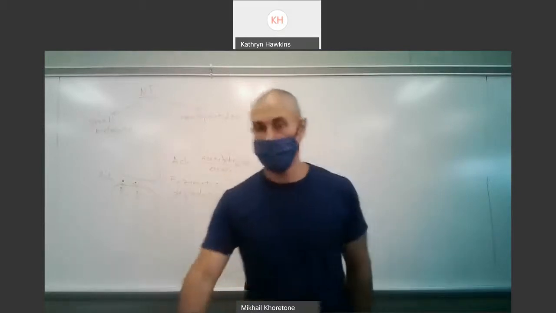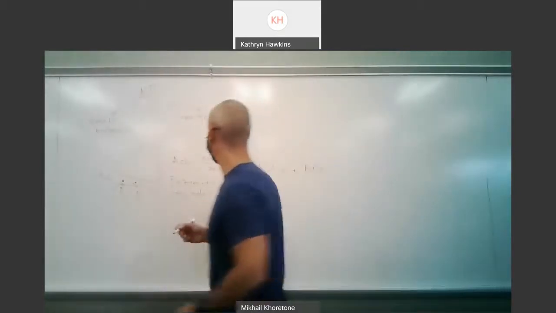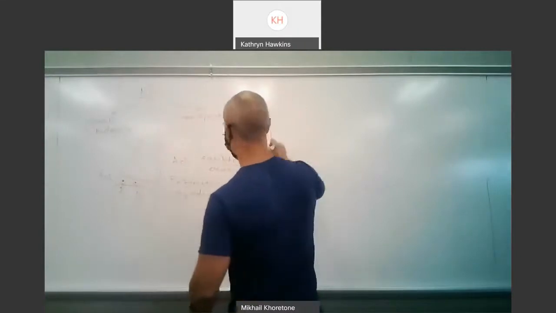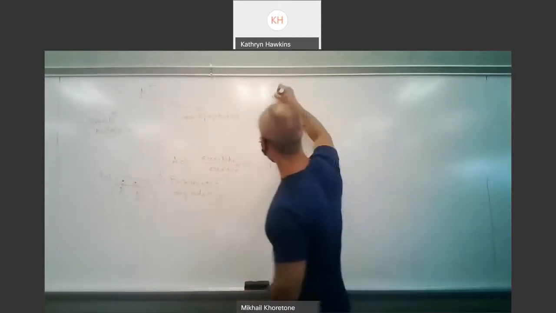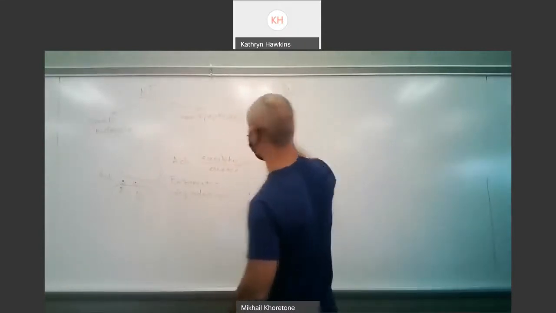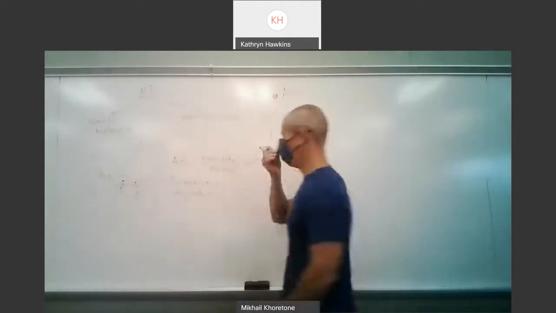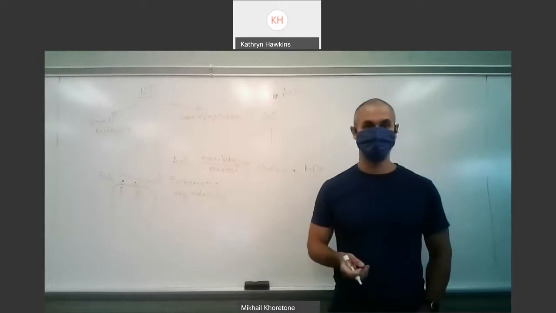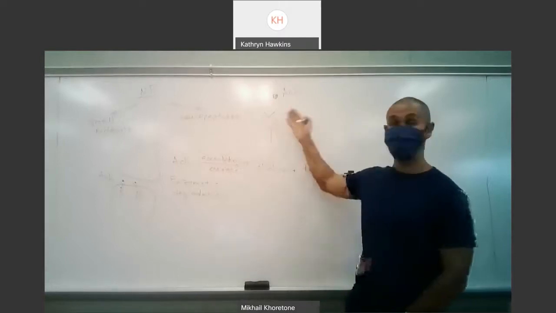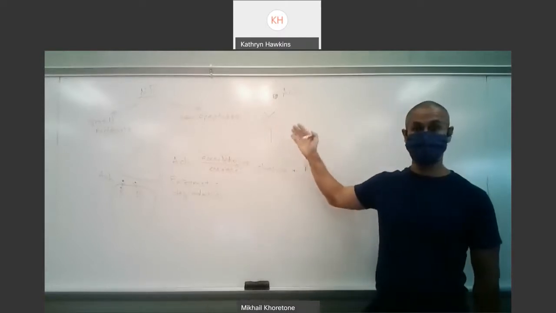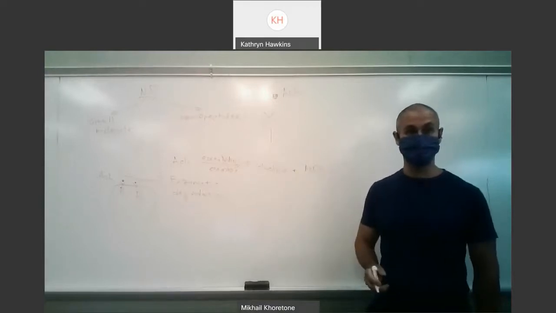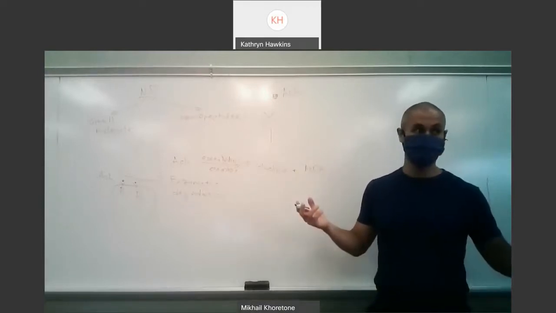But if you give a drug, so here's the receptor, right? Here's the acetylcholine. If you give a drug that binds to the receptor instead of acetylcholine and blocks it, essentially an ACh receptor inhibitor, you're good.